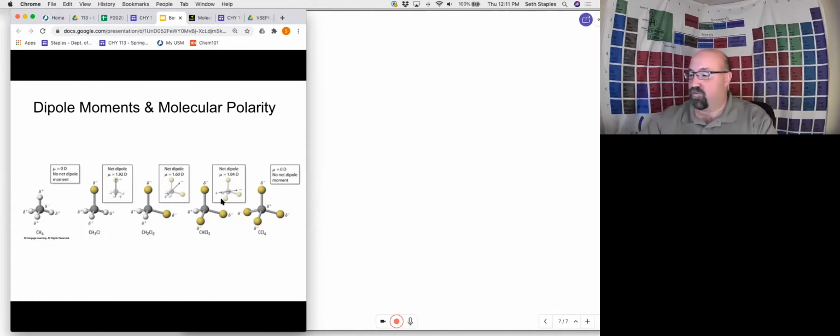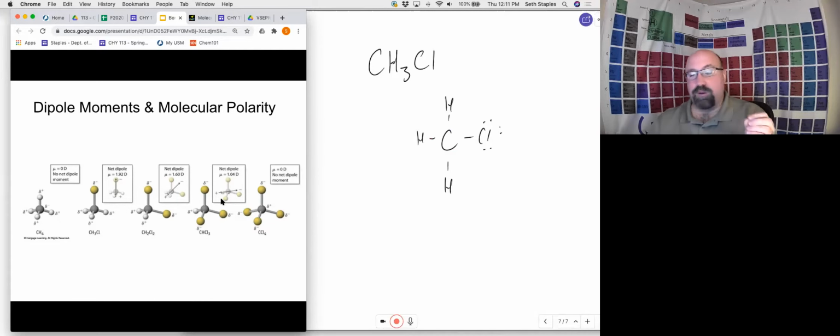And so the first thing that you're going to do, let's say we have CH3Cl. First thing that we're going to do is draw our Lewis structure. So we're going to get CH3Cl. We get this for a Lewis structure. We determined that our electron geometry is tetrahedral.